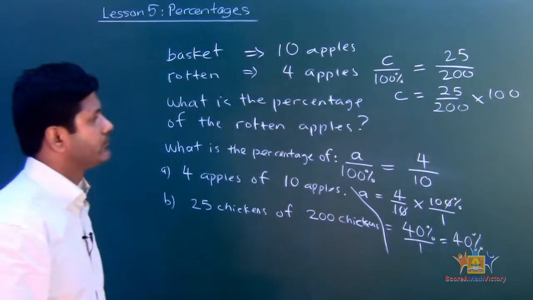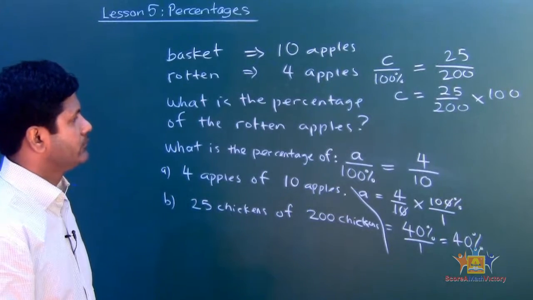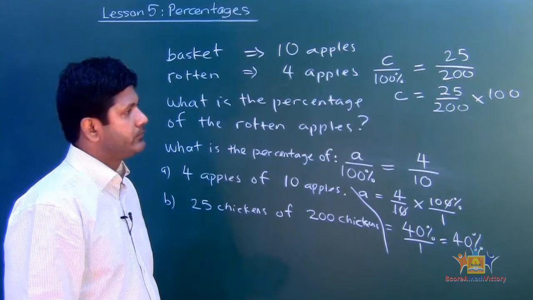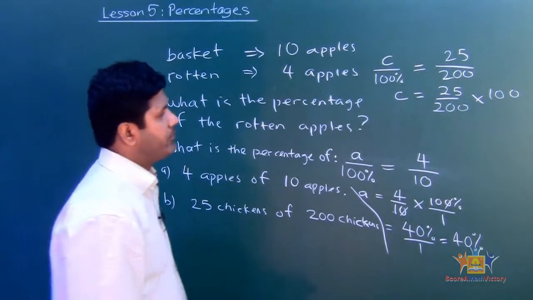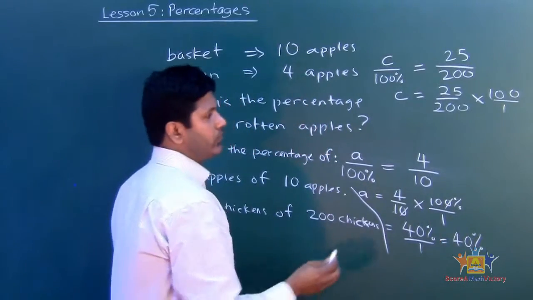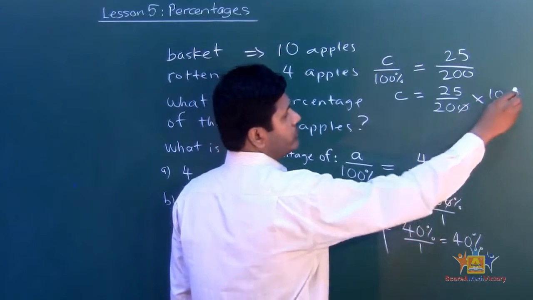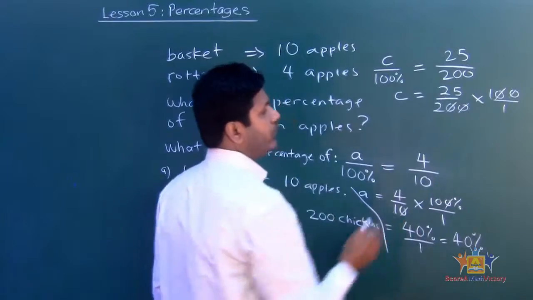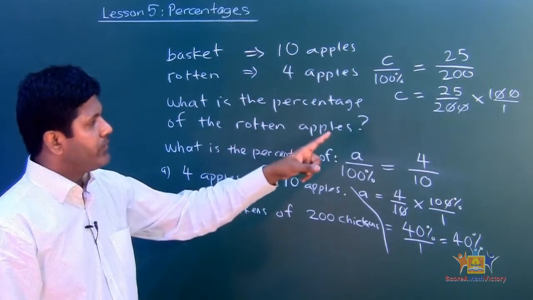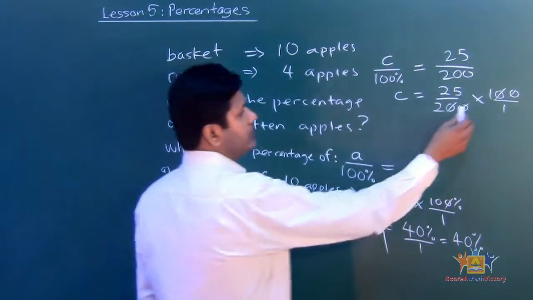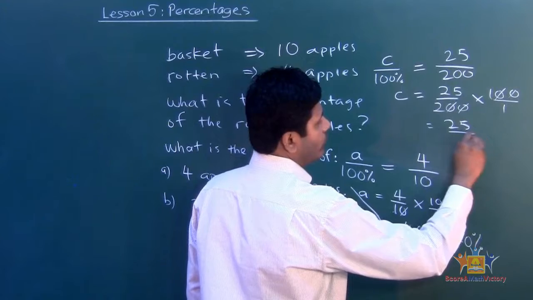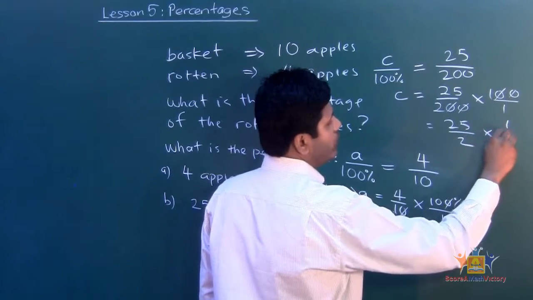Okay? What do I do next? I simplify. First I put this over 1. So the zeros cancel out. Now you've got 25 over 2 times 1 over 1.